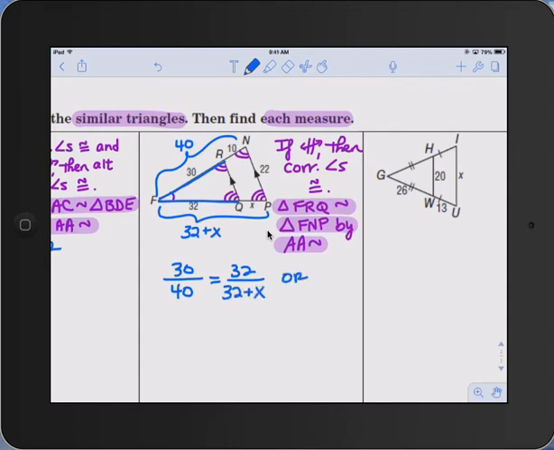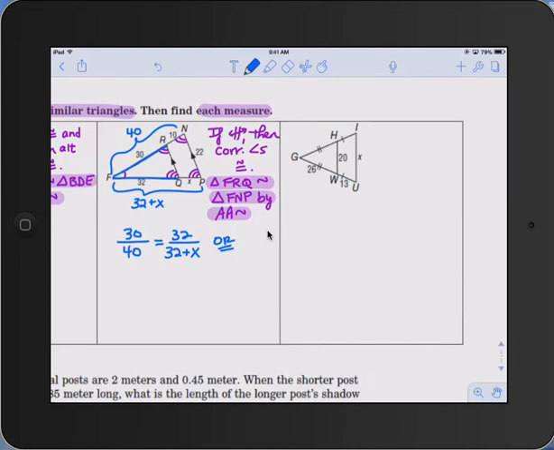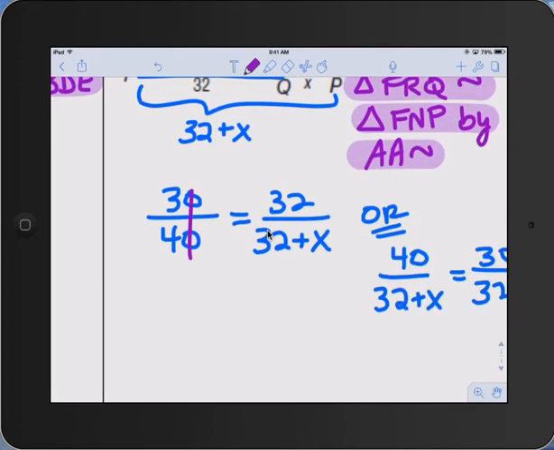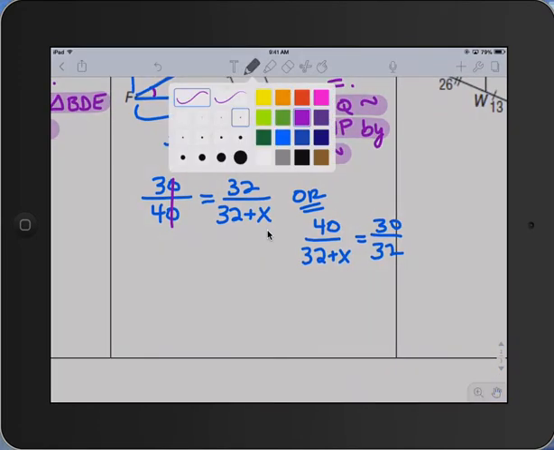Or you could also do big to big, so you could do 40 over 32 plus x equals small to small in the same order, 30 over 32. There are lots of different ways to do that. I went ahead and stuck with 30 over 40 because I can easily take out a 0 there and then cross multiply.